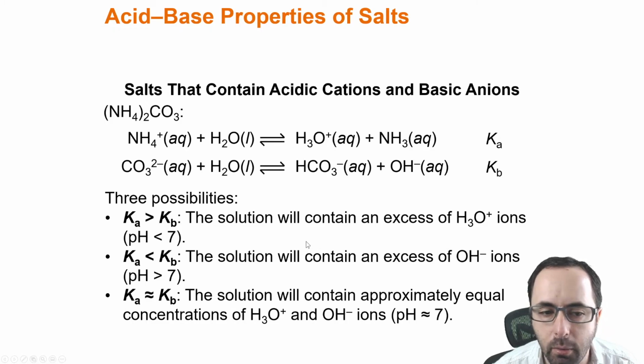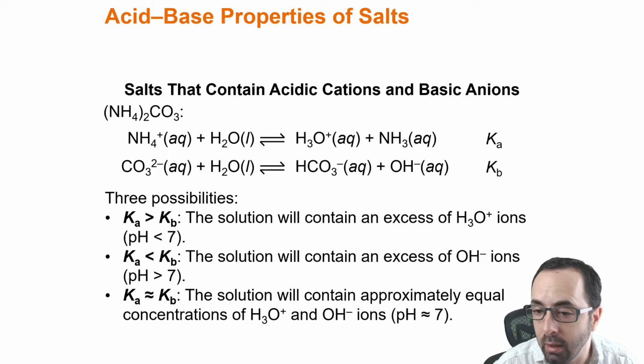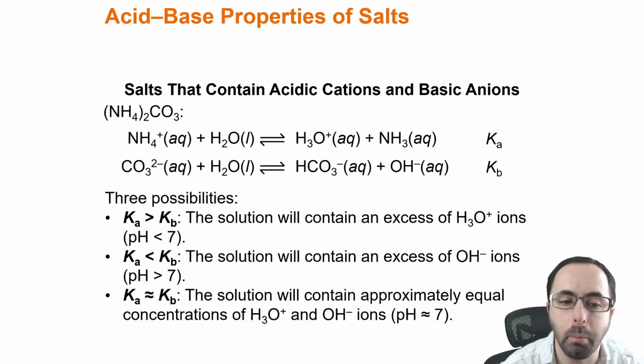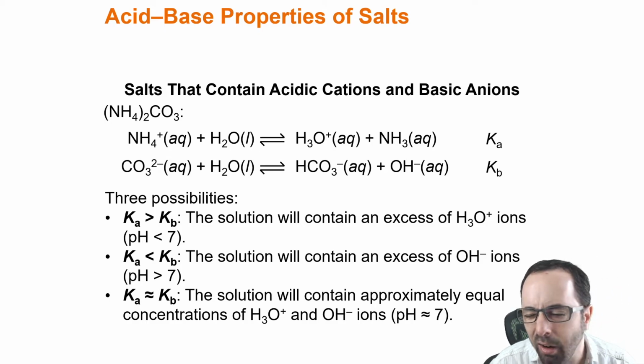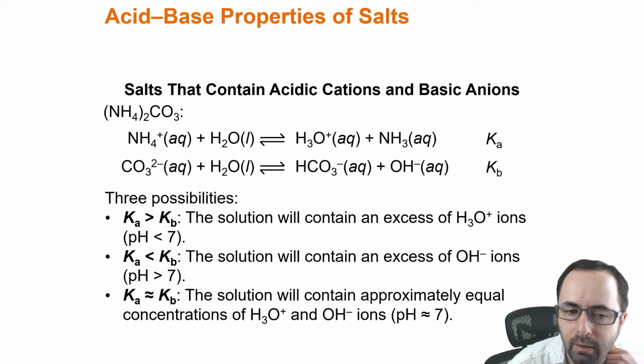So what we need to do is look at the acid reaction. This is the ammonium acting like an acid. Again, writing the equations for an acid acting like an acid or a base acting like a base is usually the hardest and newest part of these problems, so you definitely need good practice doing that.